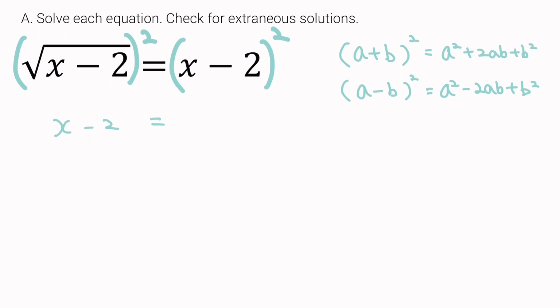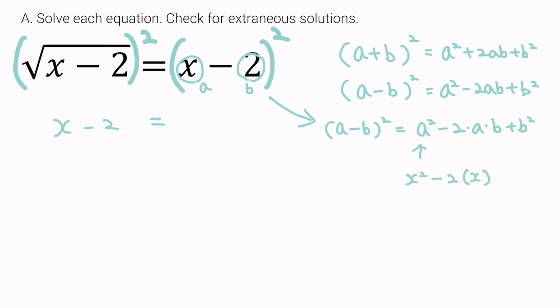So using these rules, I can handle the right side of the equation. My a will be x, my b will be 2, and there's a negative sign. So this will be equal to a minus b squared, which is a squared minus 2ab plus b squared, where a is x and b is 2.